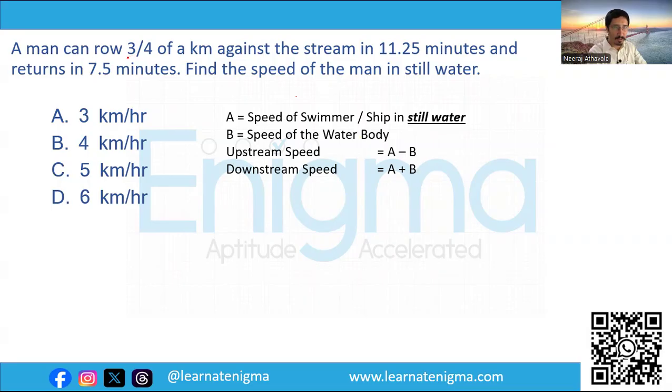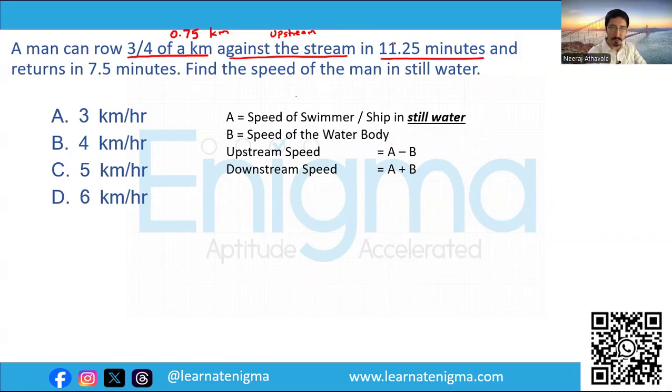Now the man is rowing 3/4 of a kilometer. That means 0.750 or basically 0.75 kilometer against the stream. Against the stream, that is upstream, in 11.25 minutes.